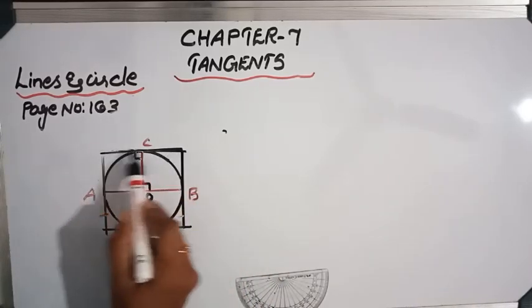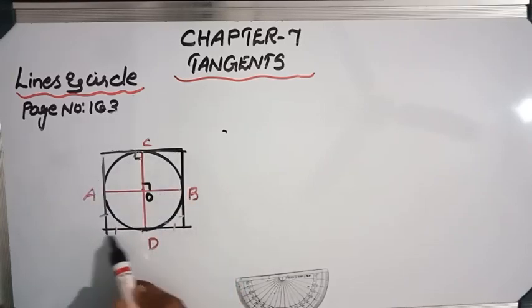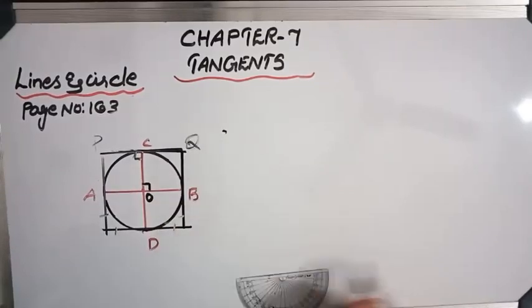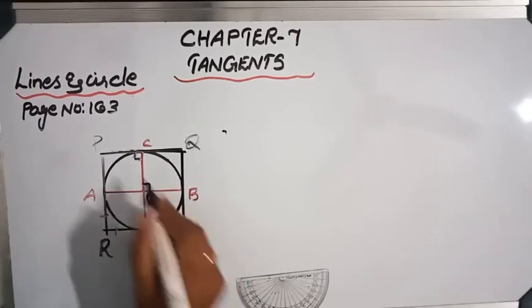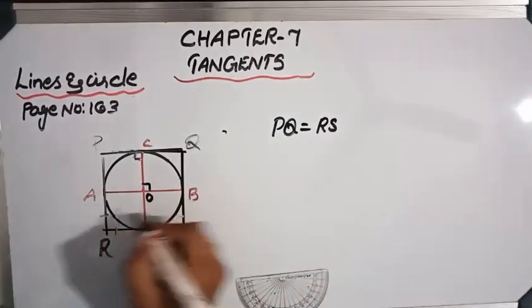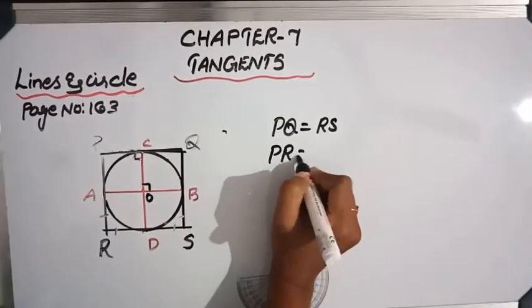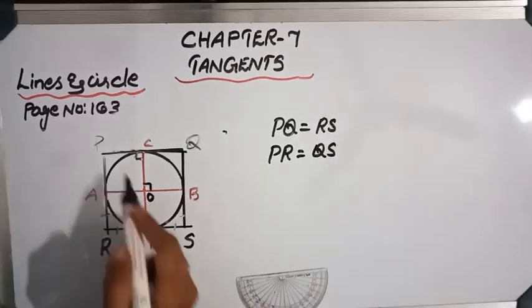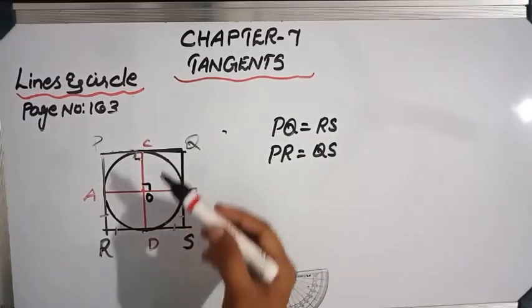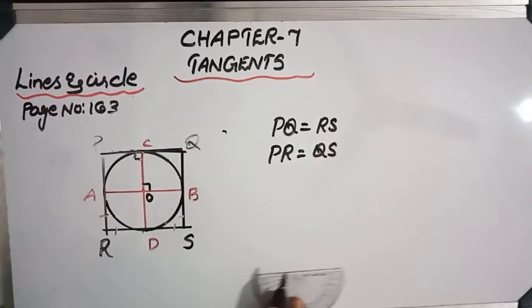That means the total of this line is equal to this baseline. Okay, PQRS. PQ will be equal to RS, then PR will be equal to QS, because PC and CQ are equal, RD and DS are equal.